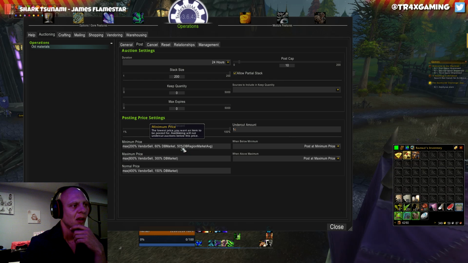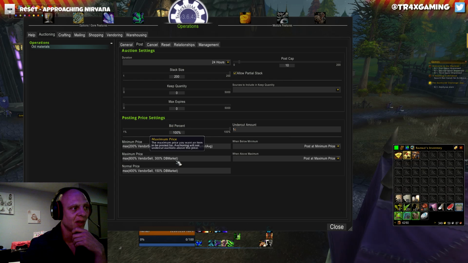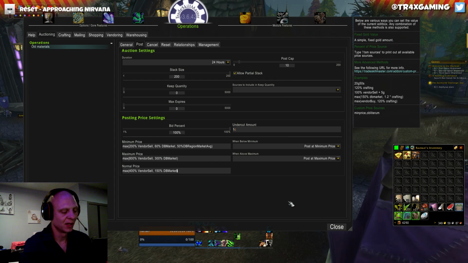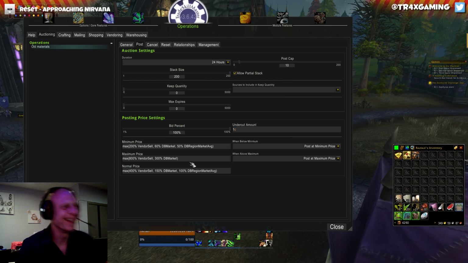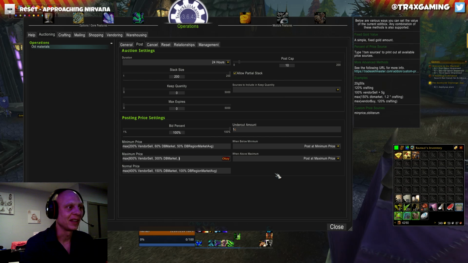So what we can also do in this case, if I go to the normal price, do the same thing. In this case, 150% DB market or 100% DB region market average. That's my OCD, I'm gonna put a space here. And then in this case, 200% DB region market average.